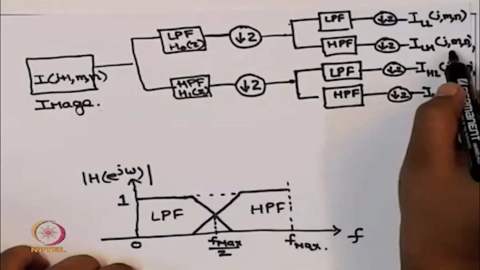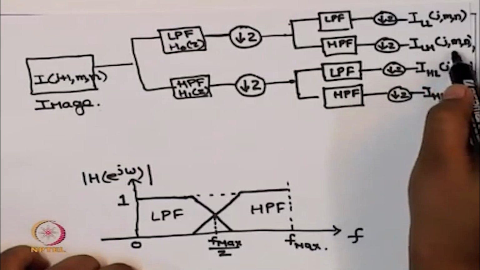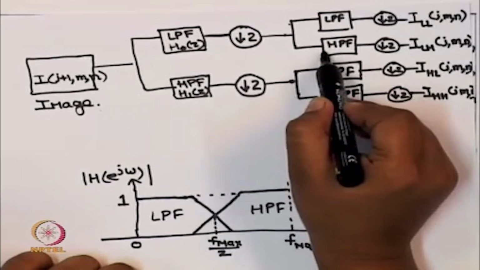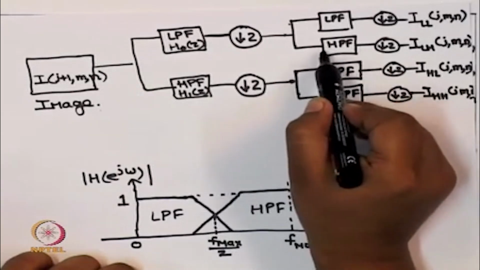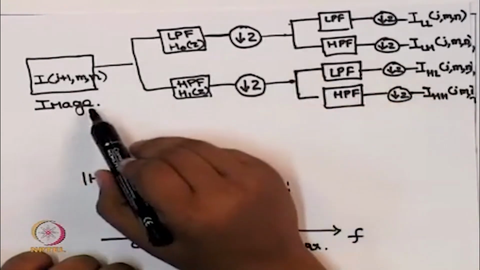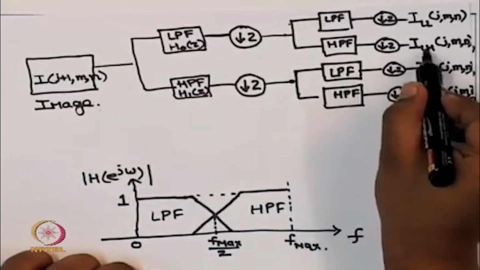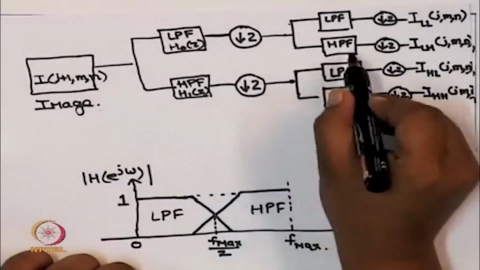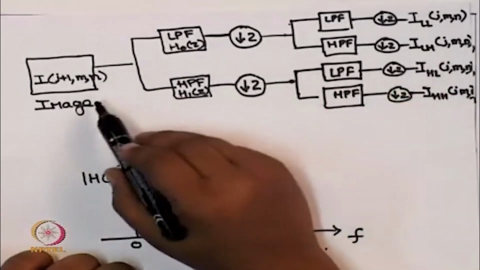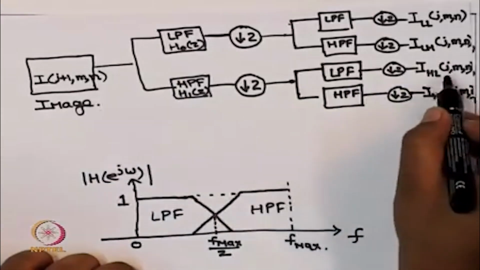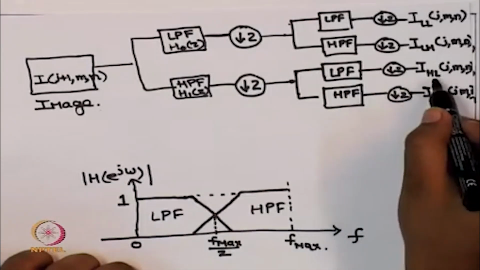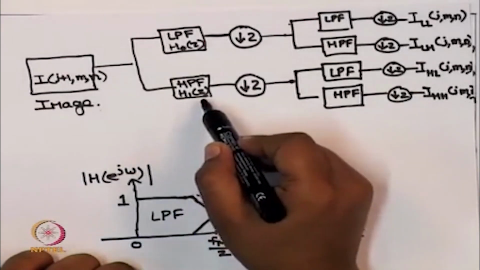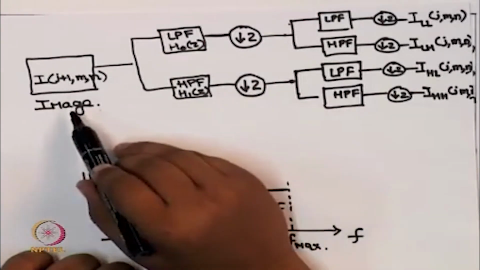If we consider the output I_LH, we will see that it has passed through a high pass filter which acts on the rows of the input image. So this I_LH output will extract the horizontal features of the input image. Similarly, for the output I_HL, the input image has passed through the high pass filter which acts along the columns of the image.